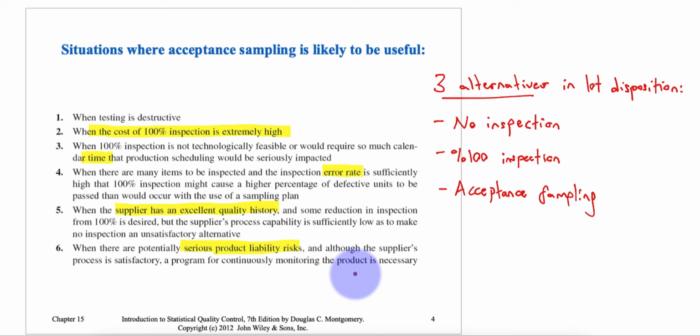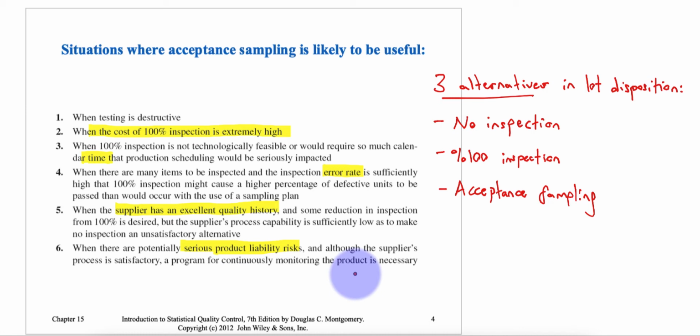And maybe in some cases, you can also go with no inspection if you just rely on them, if you count on them. And the sixth situation, even if your supplier has an excellent quality history, maybe you cannot go with no inspection. You need to make acceptance sampling because there will be some product liability risks.